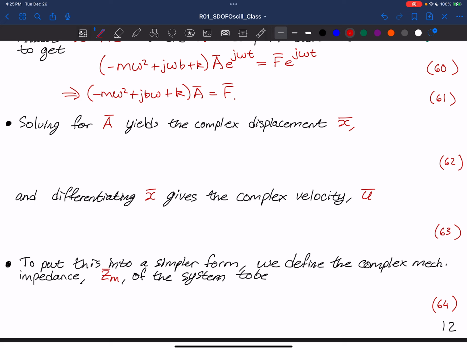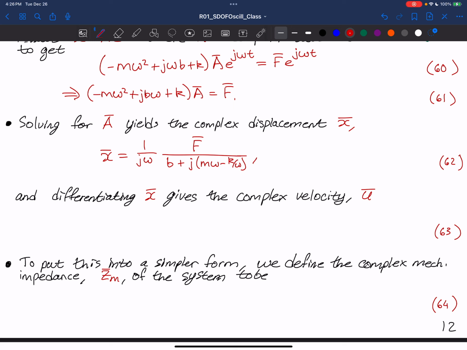We can write this in the following form. We can say that x bar is equal to 1 divided by j omega times the quantity F bar divided by b plus j times the quantity m omega minus k divided by omega.